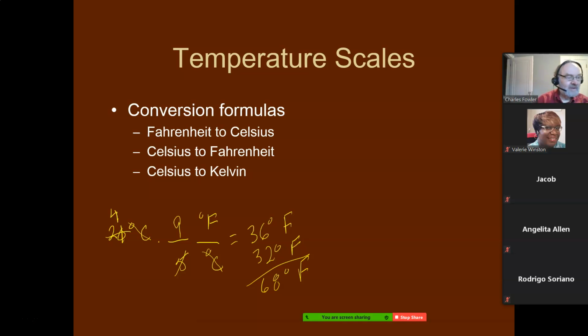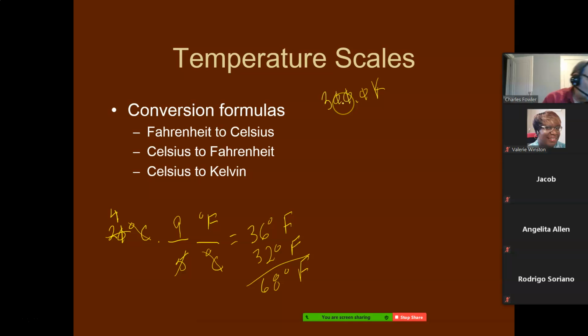All right. Now, next we'll go to example 4.3. A science article refers to a temperature of 300 Kelvin. Okay, so there we have a scale, 300.0 Kelvin.